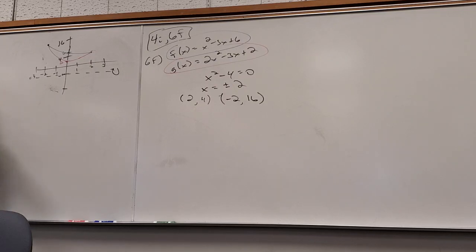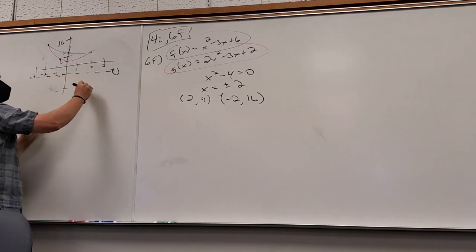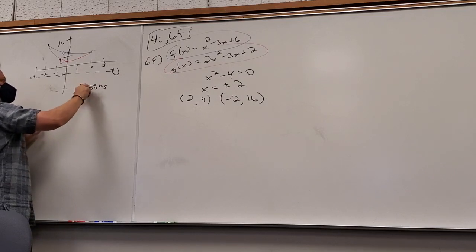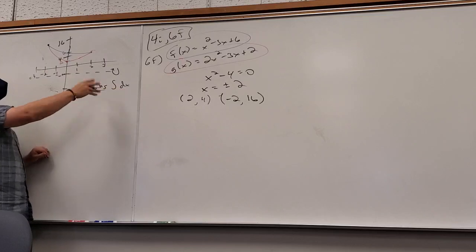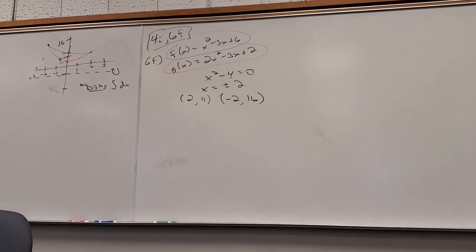I should have asked you, what's the next step? We have to figure out dx or dy, and that depends on which method we want to use. Disks would need dx. Shells would need dy. So which one is definitely the way to go? Disks, because my functions are functions of x, and I really don't want to solve them for x.